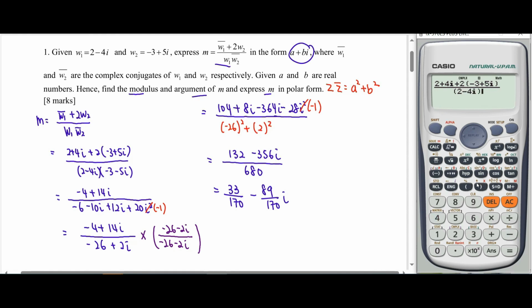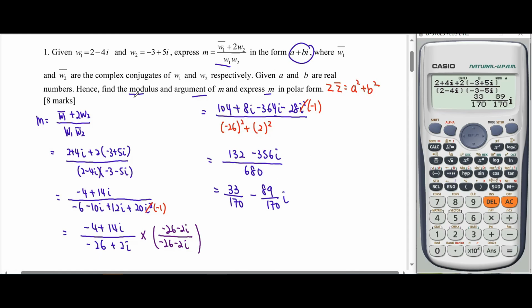Just have a check so that your operation here gives the correct complex number in order to continue for the rest of the questions. So equal, alright, so this is our real part, this is our imaginary part. So this is our complex number where we simplified it into standard form.